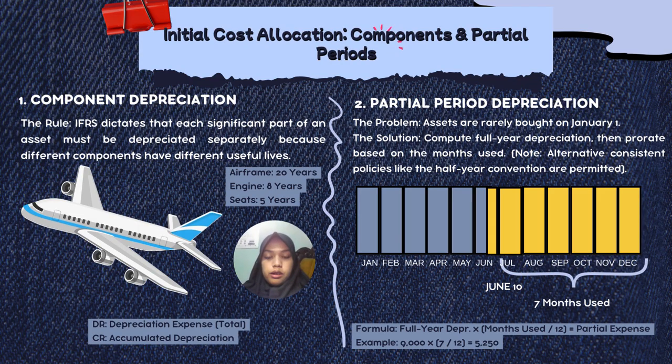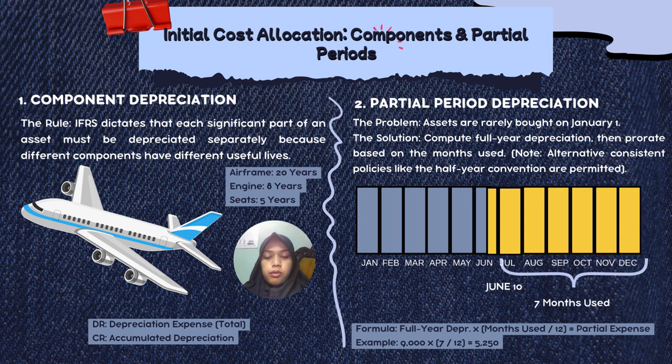For example, in an airplane, the airframe lasts 20 years, the engine lasts 8 years, and the seats last only 5 years. Because of these different useful lives, companies calculate depreciation for each component separately, and the journal entry is a debit to depreciation expense and a credit to accumulated depreciation.